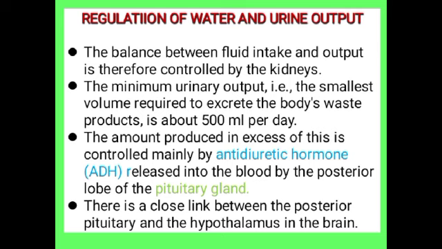The minimum urinary output, that is the smallest volume required to excrete the body's waste products, is about 500 ml per day, so the range is from 500 ml to 1.5 liters. If there are excess fluids within the body, more than what the body demands, the fluid is going to be excreted by the kidney so as to maintain homeostasis.